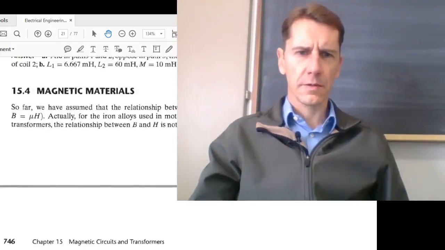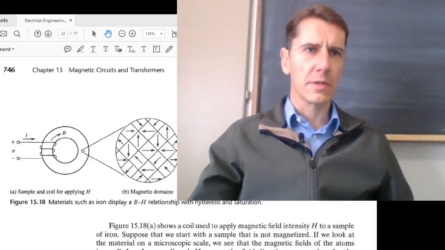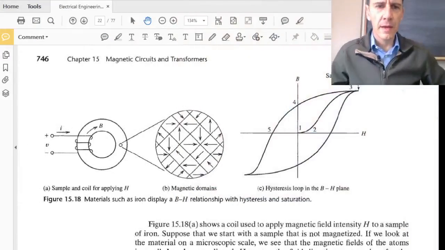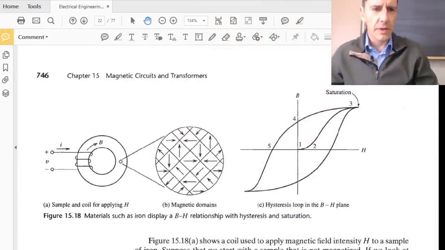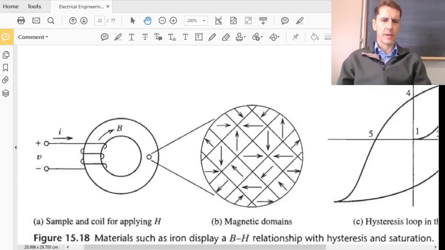Okay, let's start talking around figure 15.18. So what we've done in the previous 3 sections is to basically look at a magnetic circuit like this, and we put a coil around it. We calculated the flux density, or perhaps the current needed, or perhaps the number of turns that we needed to set up a certain flux.